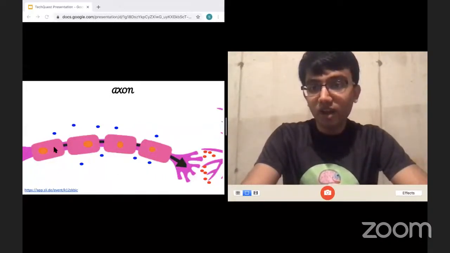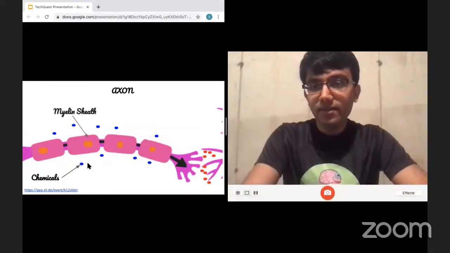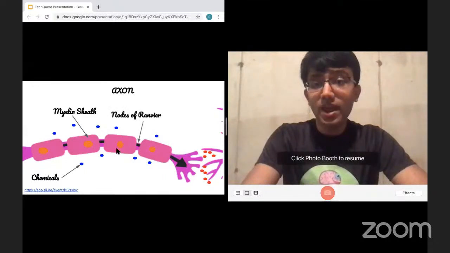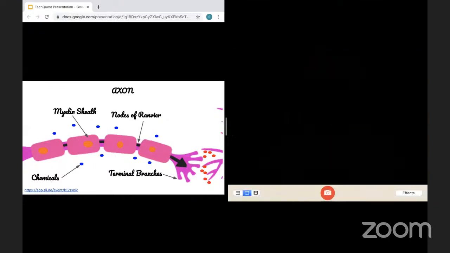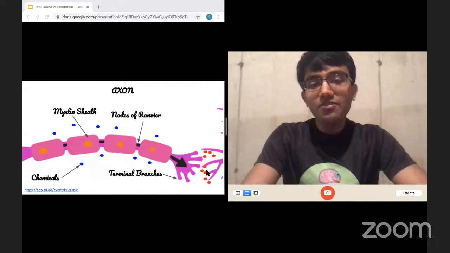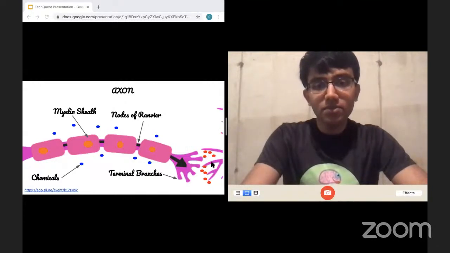This tunnel right here is called the myelin sheath. The chemicals are only able to access the station stops in between, which are called the nodes of Ranvier. Then they eventually reach the end here, which is called the terminal branch. After that, the signals leave the terminal branch, contact the next neuron, and that's how the signal proceeds.